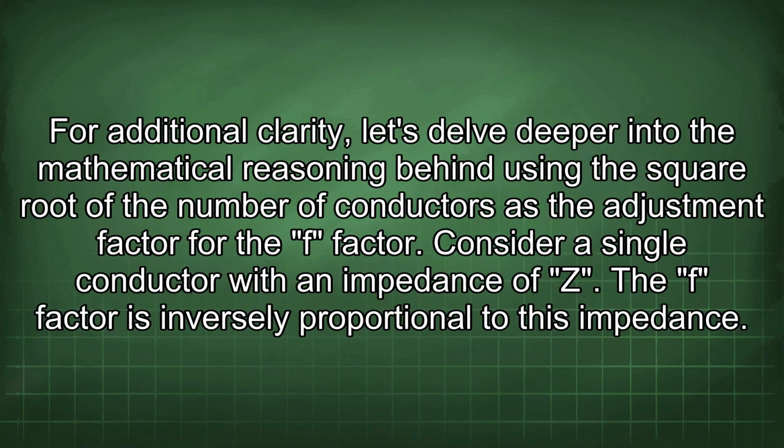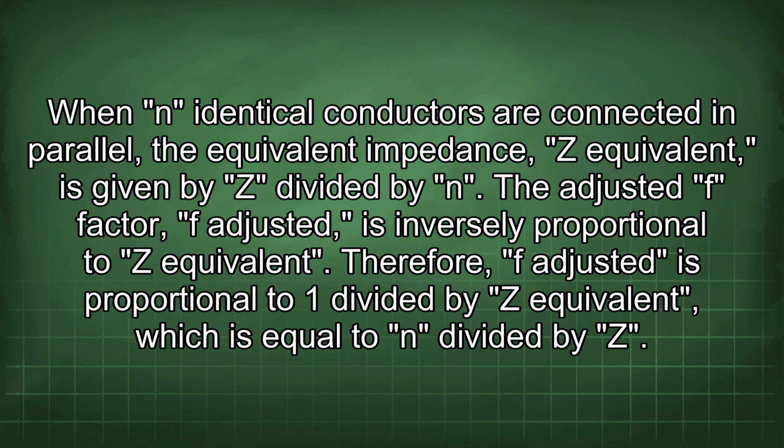For additional clarity, let's delve deeper into the mathematical reasoning behind using the square root of the number of conductors as the adjustment factor for the F factor. Consider a single conductor with an impedance of Z. The F factor is inversely proportional to this impedance. When n identical conductors are connected in parallel, the equivalent impedance, Z equivalent, is given by Z divided by n.